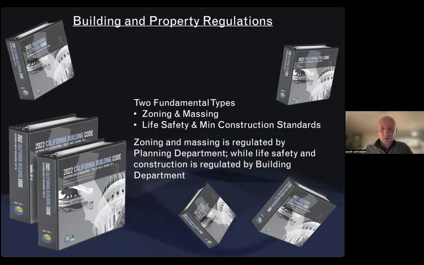There are two fundamental types of regulations, those that regulate massing and zoning, and those that regulate life safety and construction standards. While in some cases there may be some overlap between the two, zoning is typically permitted by planning departments, and life safety and construction standards are primarily permitted by building departments.